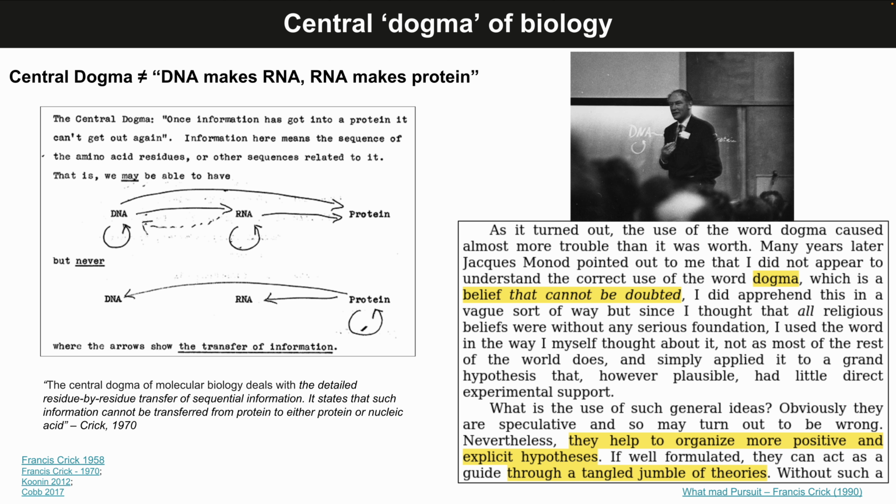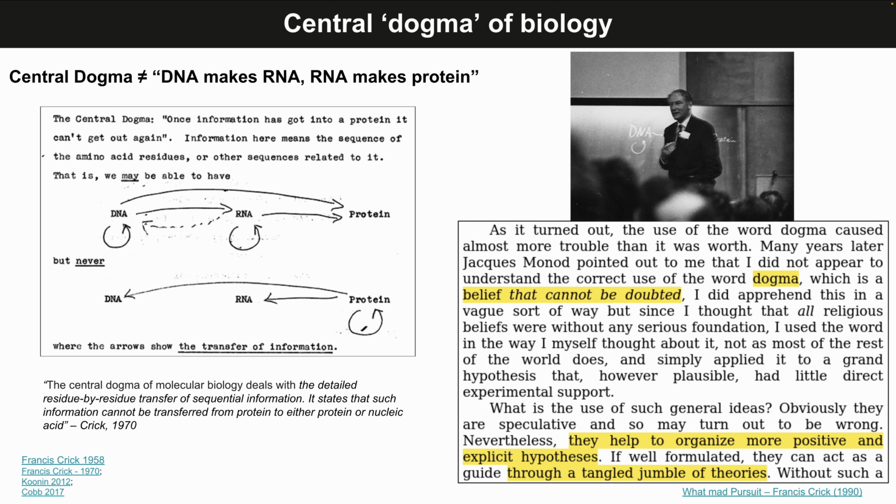What he meant was to design this more like a hypothesis, to help people organize more positive and explicit hypotheses. He actually meant this as a hypothesis, but just because of the choice of words, it famously became the central dogma and not a central hypothesis of biology.